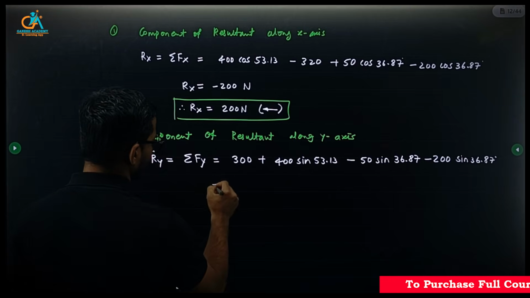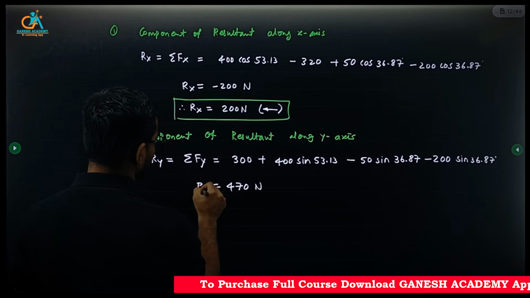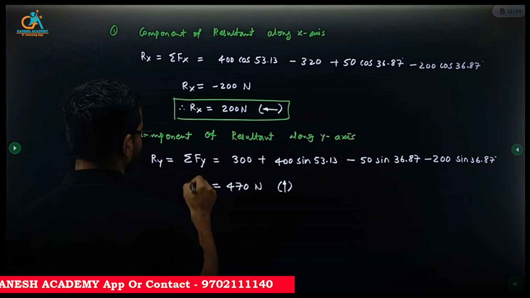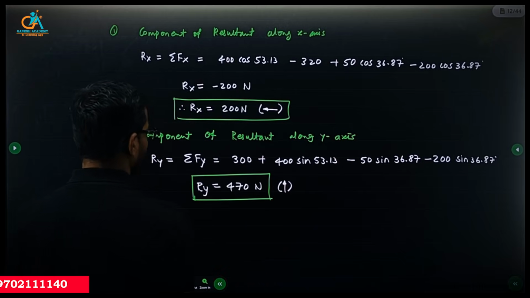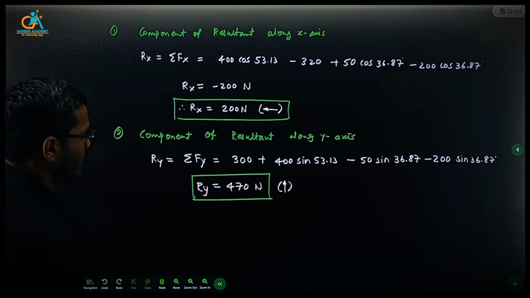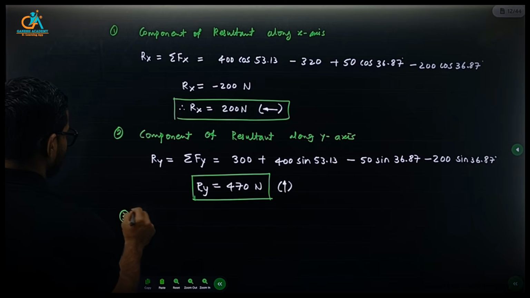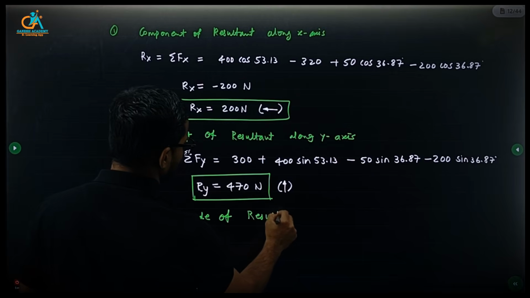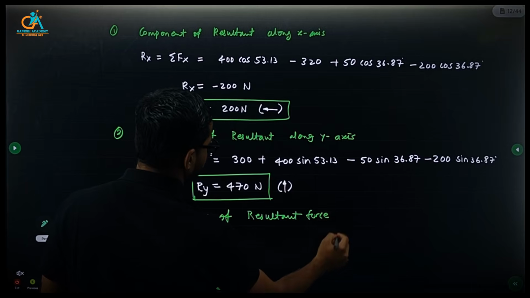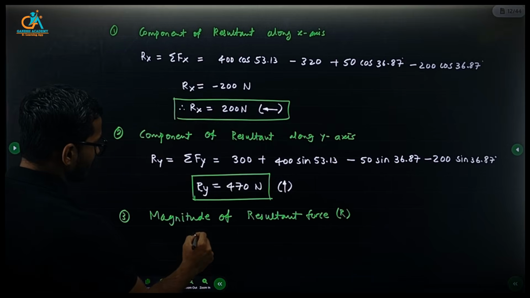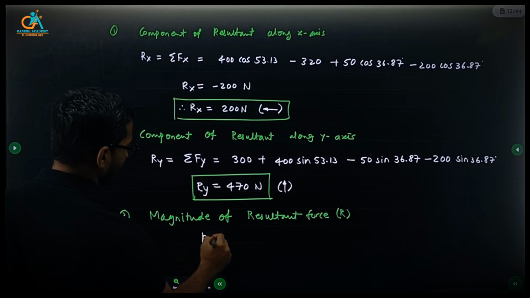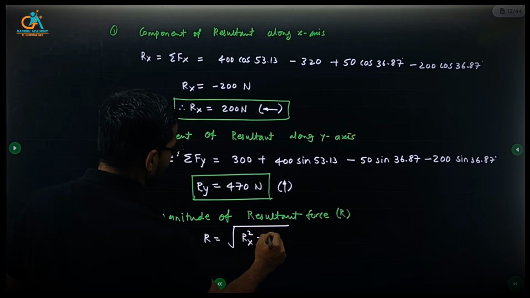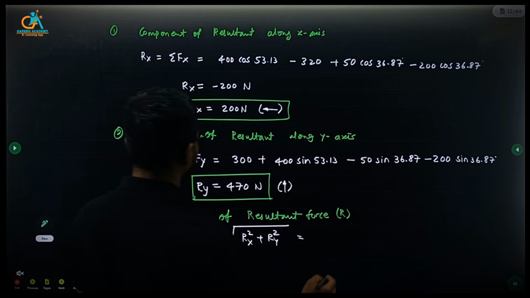So Ry is 470 positive. Okay, and third is the magnitude of the resultant force, given by the formula R is equal to under root of Rx square plus Ry square.